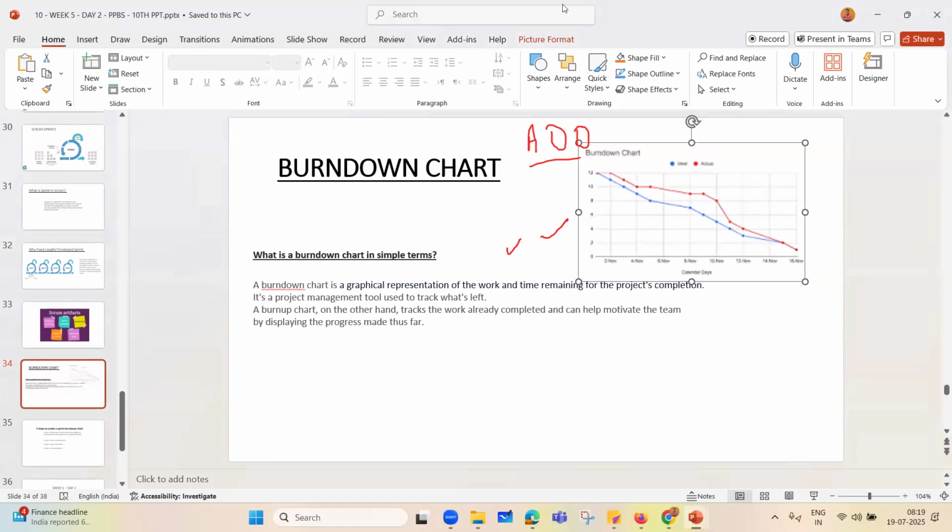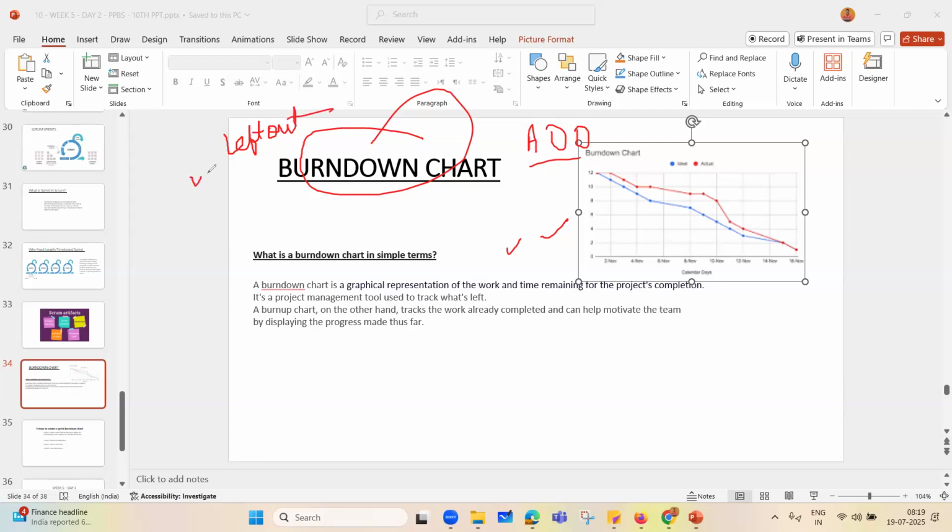The moment we look at the word down, it means it is talking about the left out. Left out what?